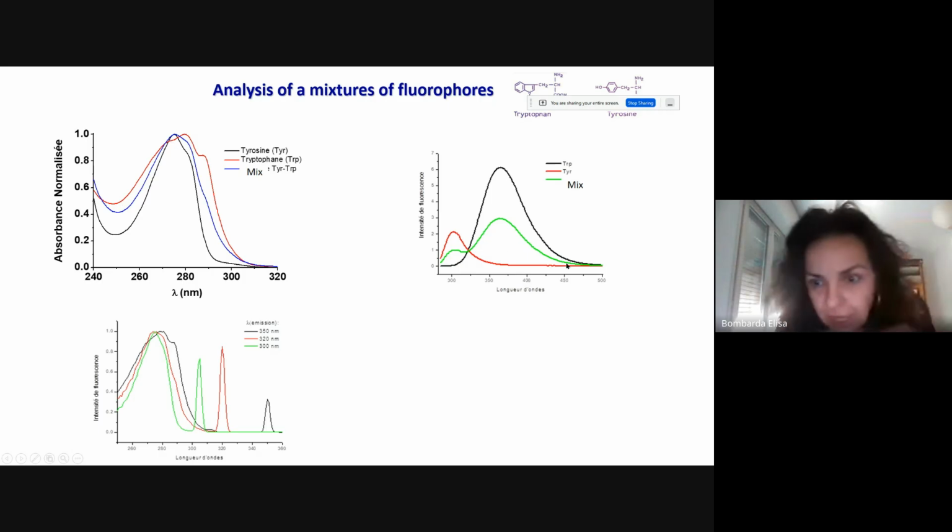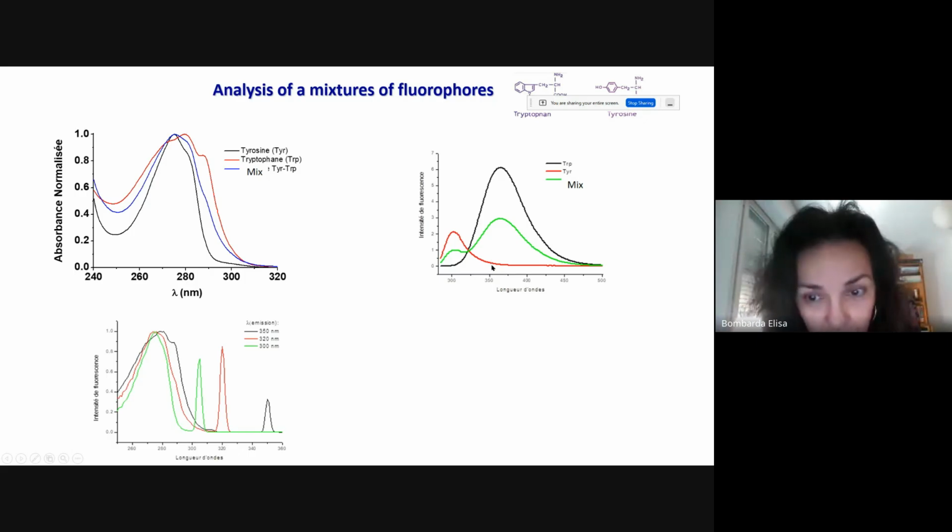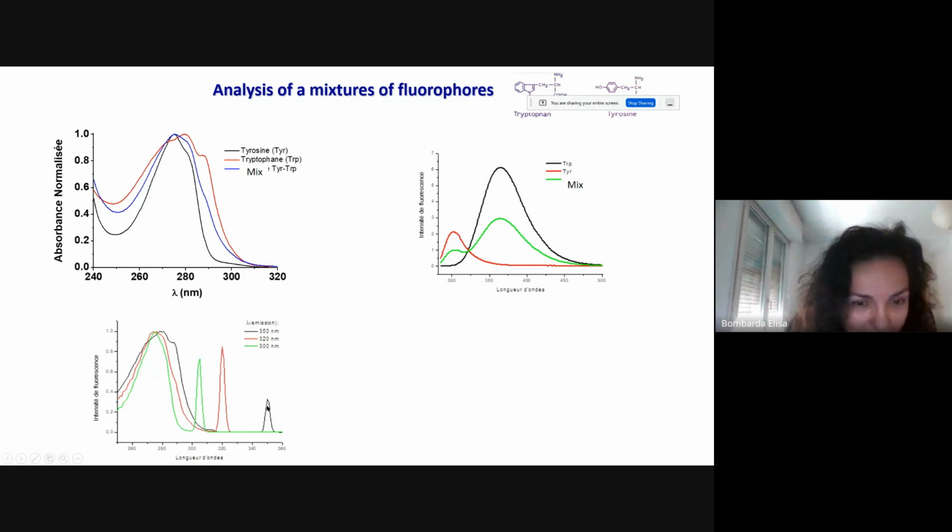In fact, at 350, tyrosine doesn't absorb and practically doesn't emit. Tryptophan instead, yes. So that means that the fluorophore responsible for the emission at 350 is the tryptophan, and in my excitation spectrum, I see it.